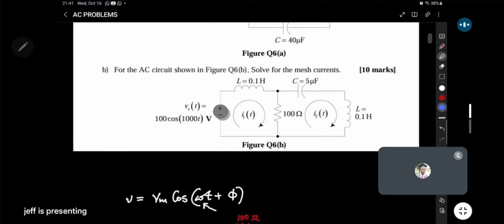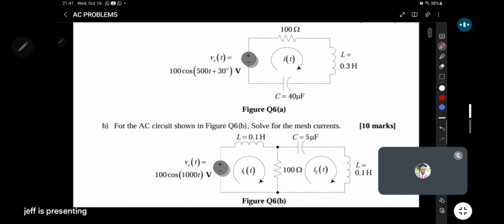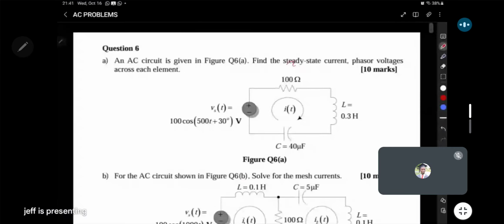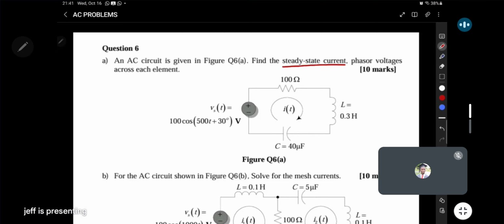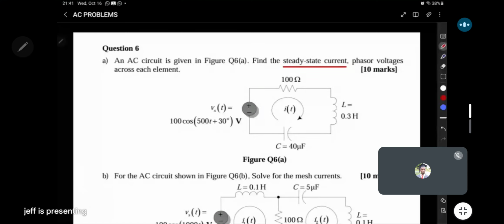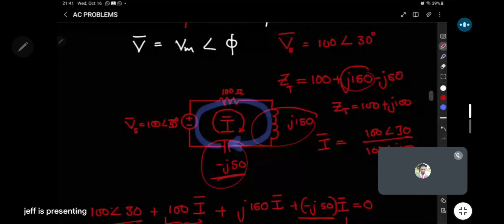So the question wants us to get the steady state current. Yes, they also wanted us to get the steady state current. We already have the phasor current, but they want the steady state current. They haven't said anything about the phasor current here because they know it's where we'll pass. So how do we get the steady state current from the phasor current?